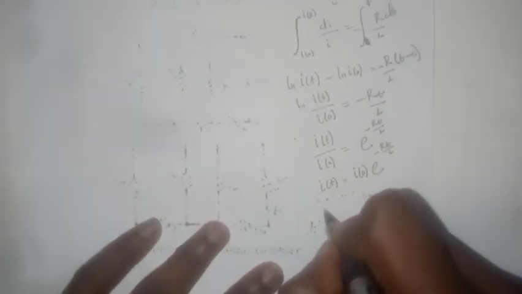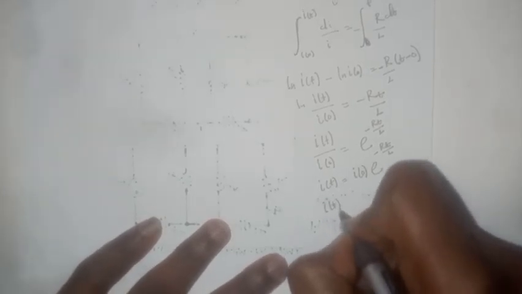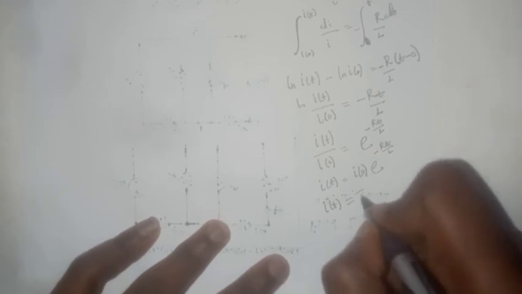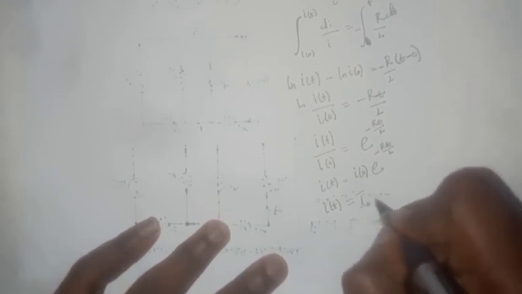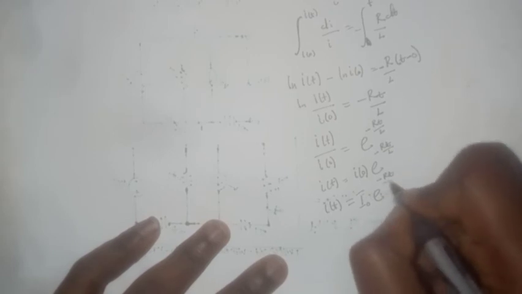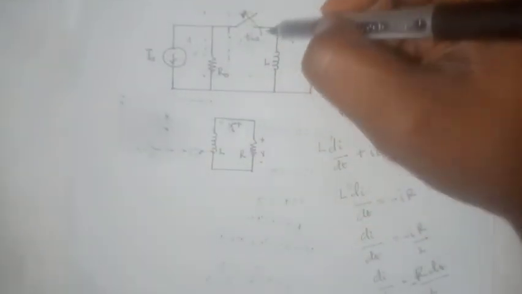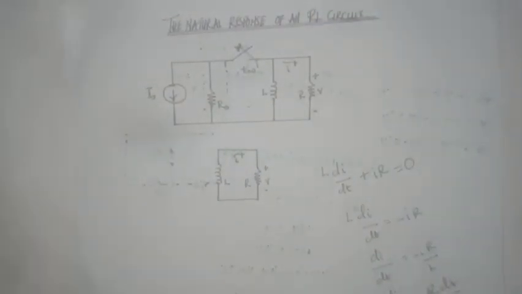A more conventional way of writing this equation would be to write it as i of t equals I naught e raised to power minus R t over L. I naught is the initial current across the inductor before we opened this switch.